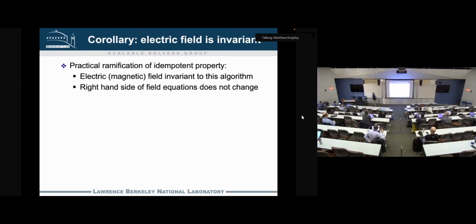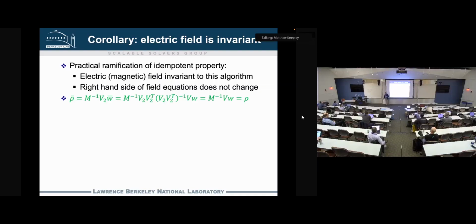Okay, so there's a nice corollary, if you will, of the idempotent argument that I just made, and that is that when you do this resampling process, you don't disturb the electric and magnetic fields that you compute in PIC. So we can do the same argument of looking at what our new rho bar is, the right-hand side for our Poisson or Ampere's law solve, and it looks like this.